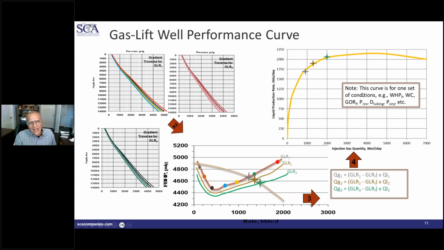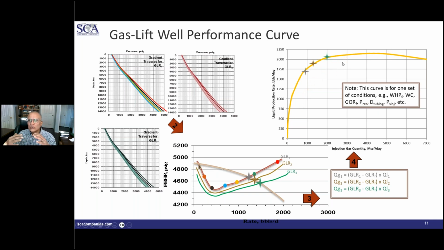Now, we have to keep in mind that even though we talk in terms of a performance curve, essentially we are dealing with a performance surface, meaning this curve needs to be prepared for multiple sets of conditions as your operating wellhead pressure changes, as your operating injection pressure changes, formation gas oil ratio changes, water cut changes, reservoir pressure changes, in case of greenfield development, diameter of tubing changes, etc. So for each of these parameter changes, you will have a different performance curve.